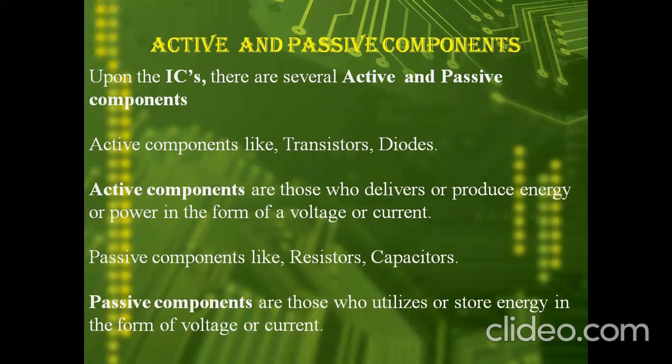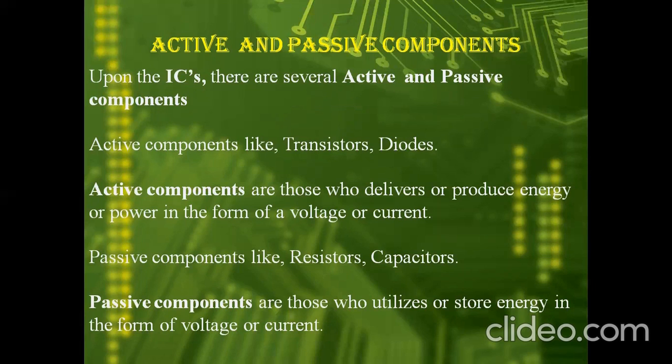Now come to the passive components: resistors and capacitors. These passive components utilize, store, or take the voltage or current. The function of a capacitor is to store the voltage or current.